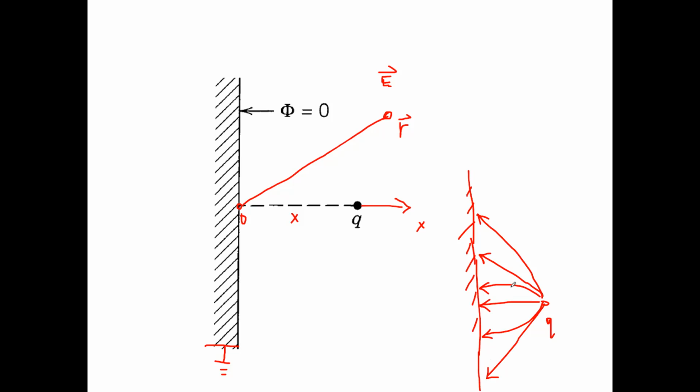Is it possible? Does this distribution of the field line possible for a conductor? Yes or no? Yes. Okay.